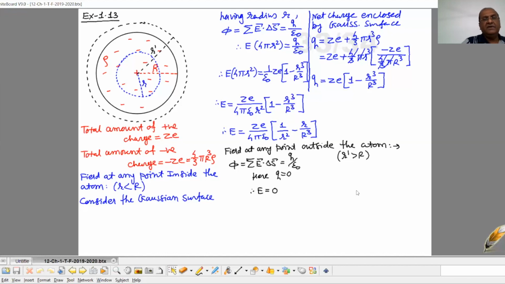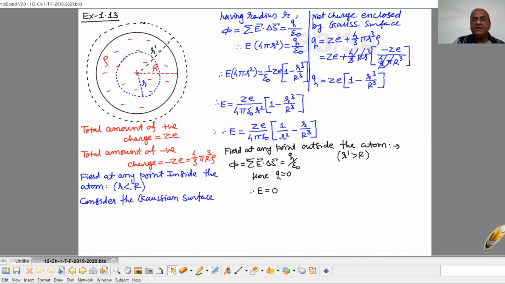Now consider the point which is outside the atom. So the field at any point outside the atom. Again, for that we can consider the Gaussian surface, which is spherical having radius equal to r dash.